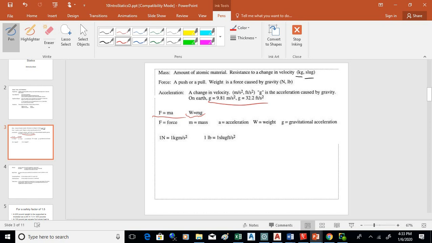So the weight is a type of force. The acceleration due to gravity is, of course, a type of acceleration. So if I know mass, what I can do is multiply it by the acceleration due to gravity to get the weight. So 1 Newton is 1 kilogram meter per second squared. 1 pound is 1 slug foot per second squared. Those are the essential relationships there that we use. Okay.